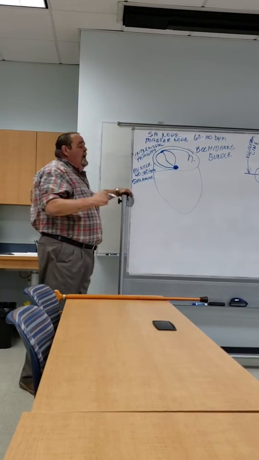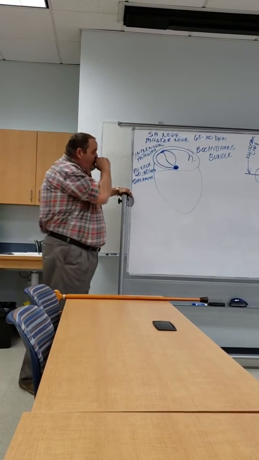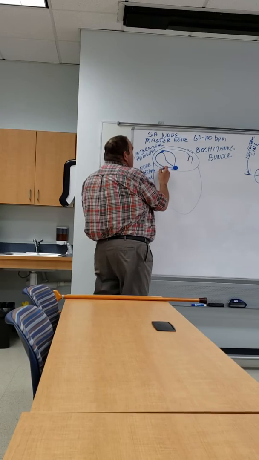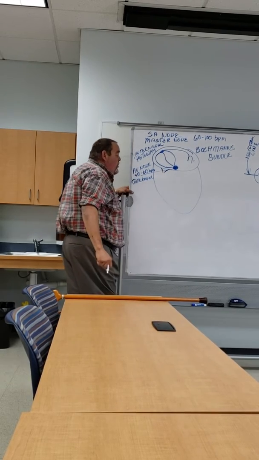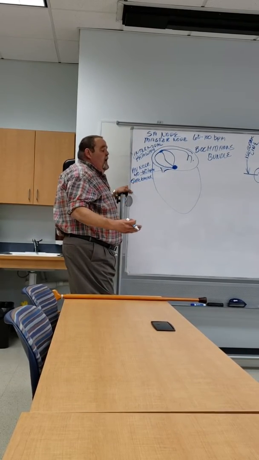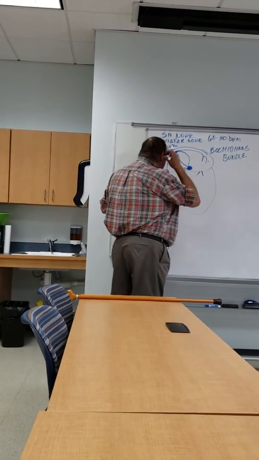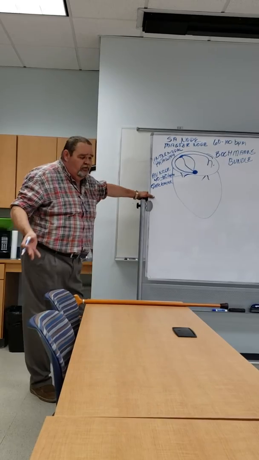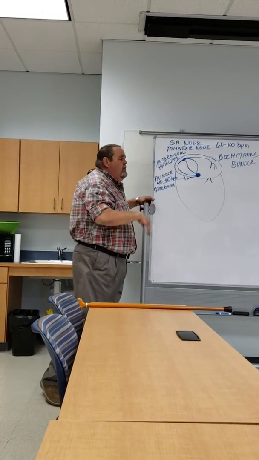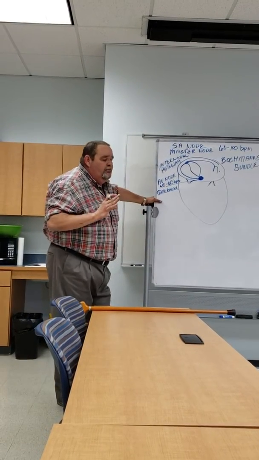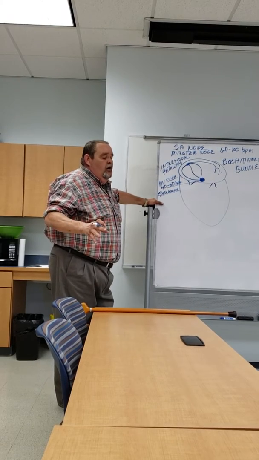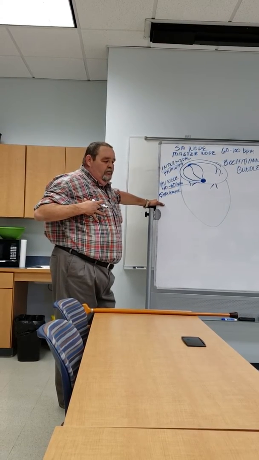What do I mean by gatekeeper? Okay, you have the tricuspid valve right here between the right atrium and right ventricle, and over here you have the bicuspid. How can you tell the difference between which is which? Remember, you have 3 lobes of the lung on your right side.